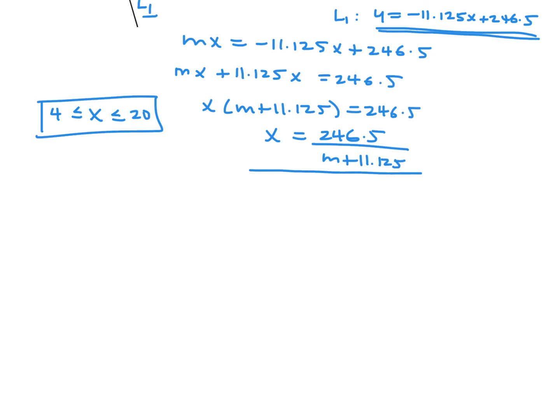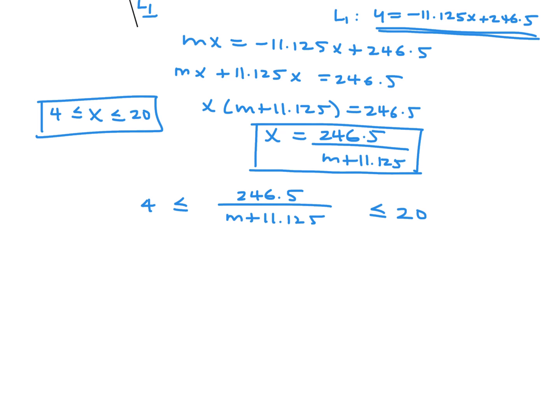So x is between 4 and 20, but x is equal to 246.5 all over m plus 11.125, correct? All right, so then now we can proceed. Multiply through by the denominator, and we'll get 4 times (m plus 11.125) less than or equal to 246.5, and 20 times (m plus 11.125) greater than or equal to 246.5.